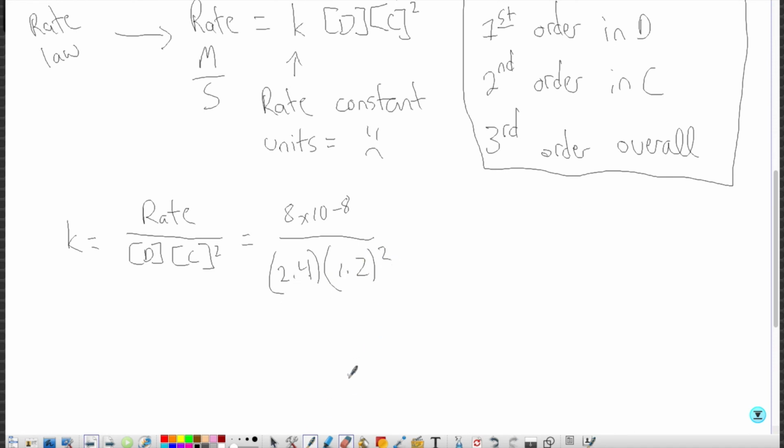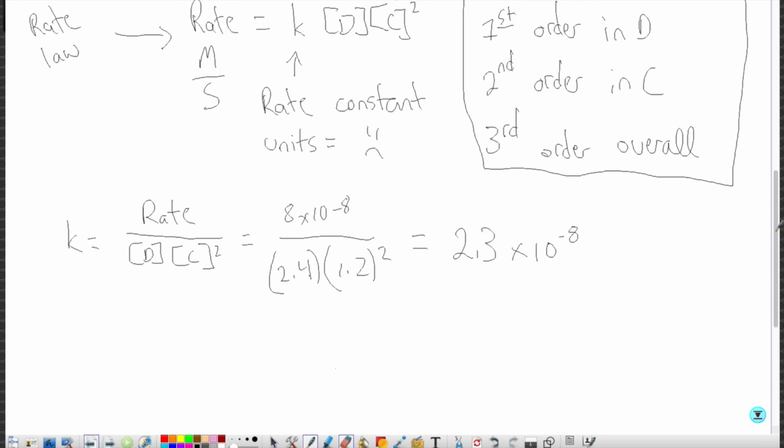You plug that in and you'll get your value, 2.3 times 10 to the minus 8.